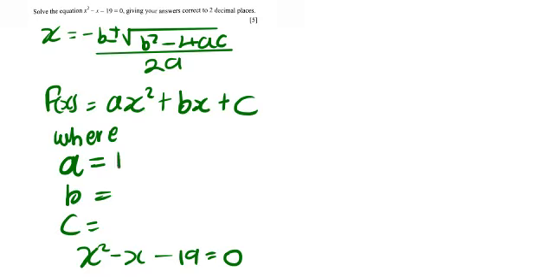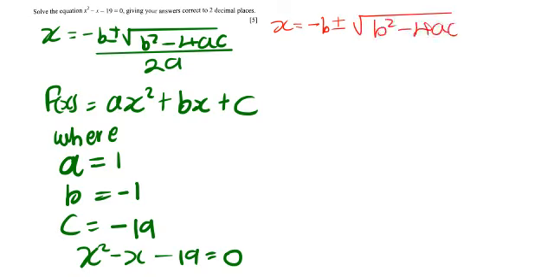The coefficient of x, which is negative x, will be negative 1. And the constant, which is c, will be negative 19. Now you just have to get your formula, which is x equal to negative b, positive or negative, the root of b squared minus 4ac over 2a.